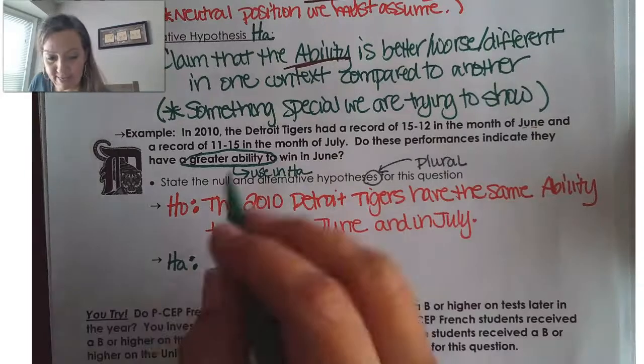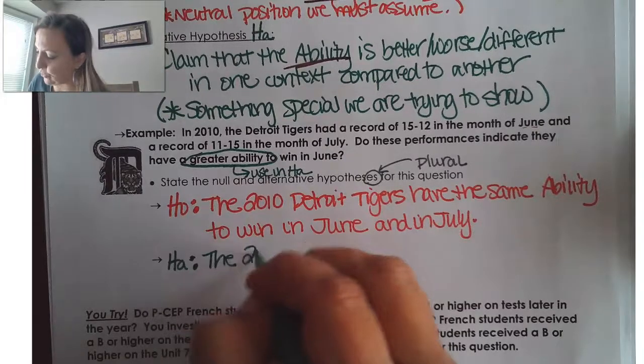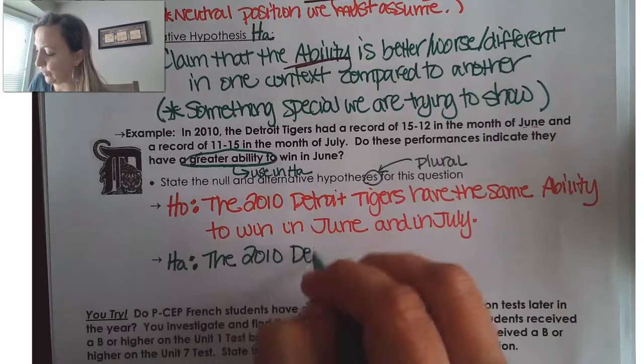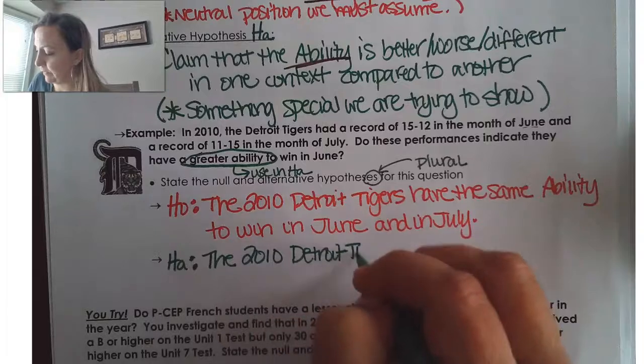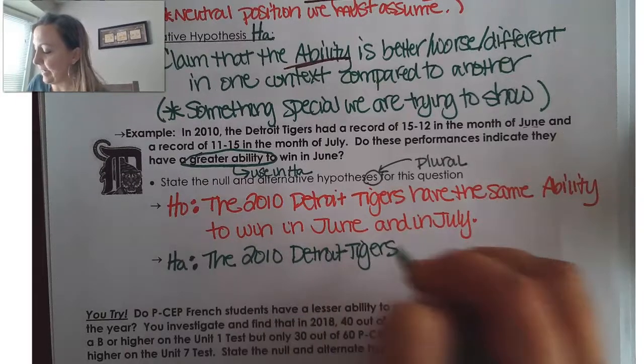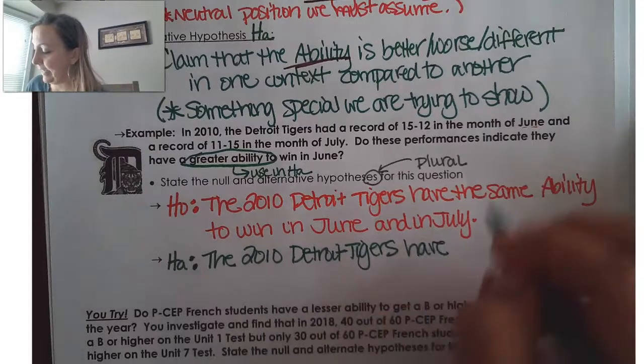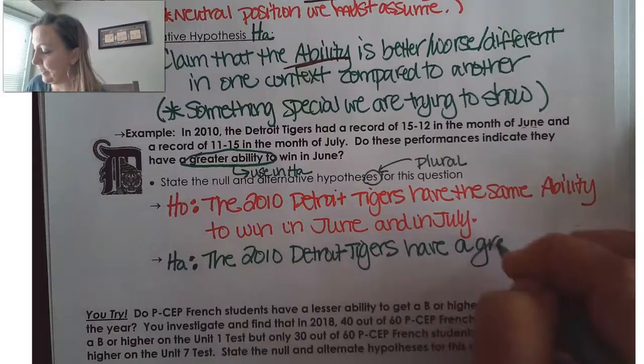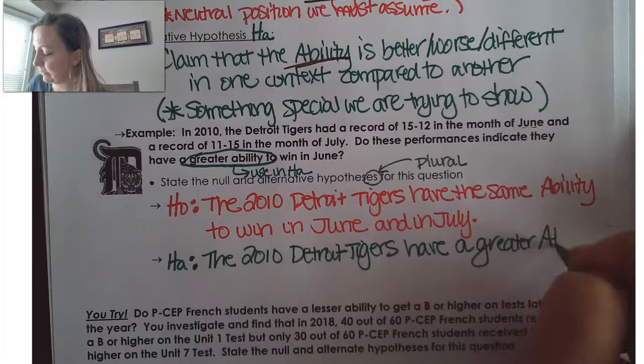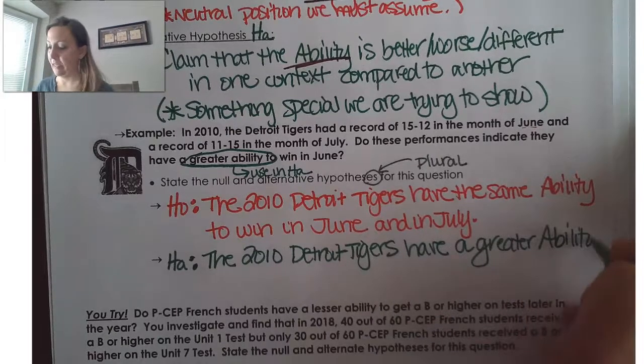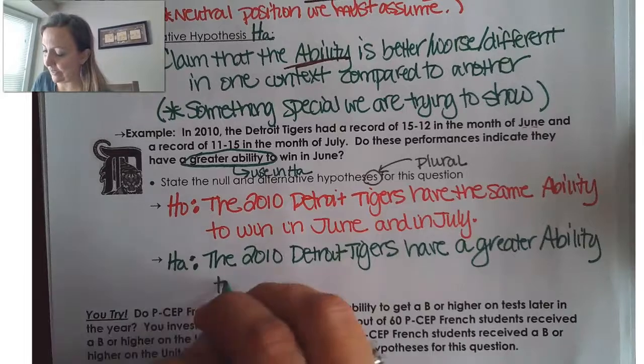So we can say that the 2010 Detroit Tigers, that's still our who. This time we're going to say that they have a greater ability. Again, the action is if they're winning.